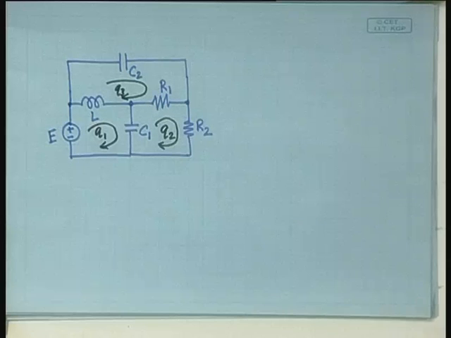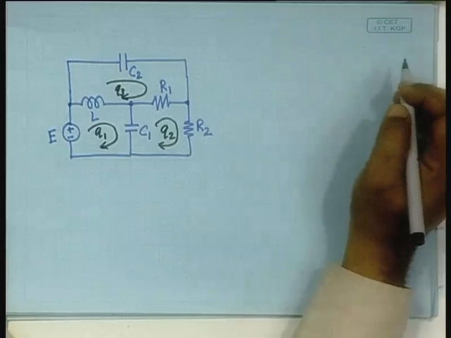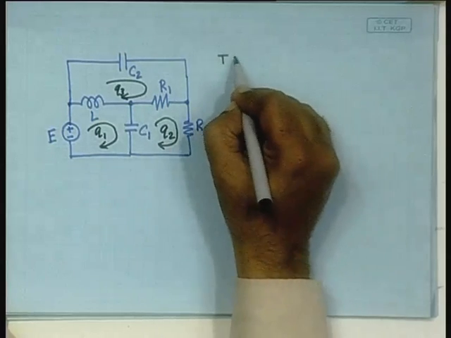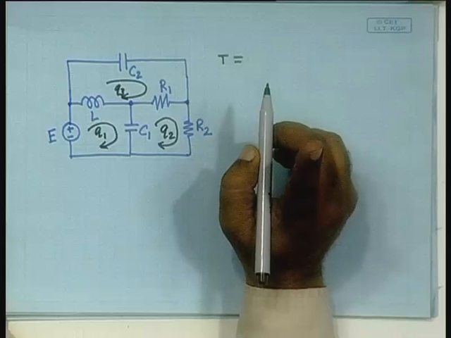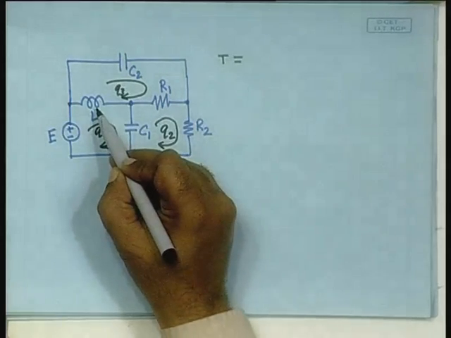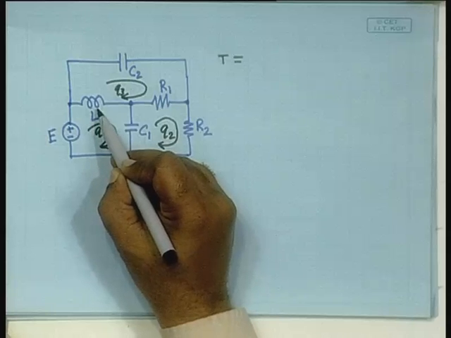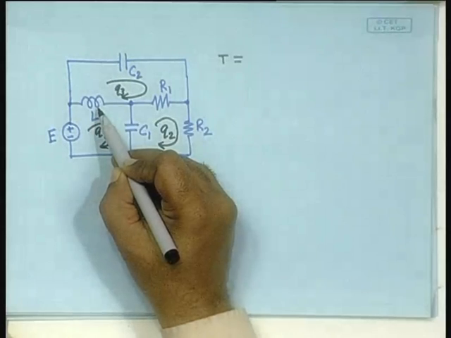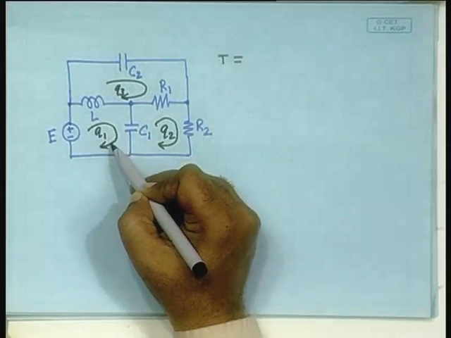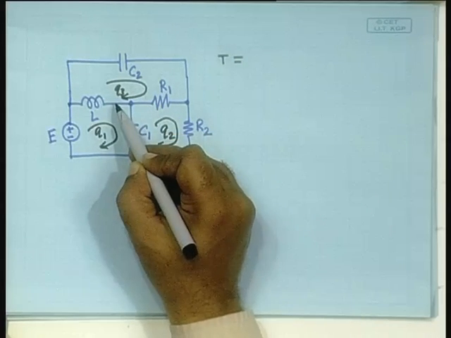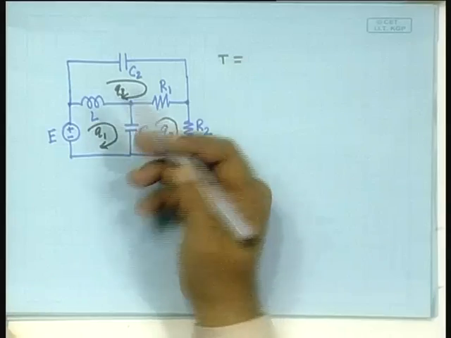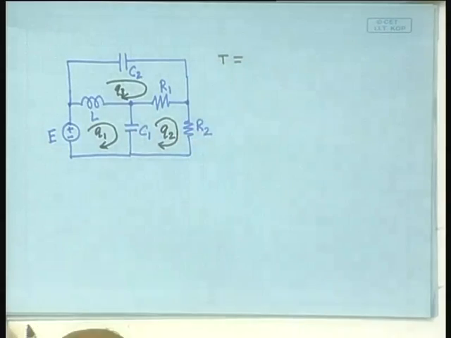What will they have? First, the kinetic energy T. Kinetic energy will consist of the energy stored in this inductor, and the charges flowing are Q1 and Q3. Therefore, the current flowing through this is Q1 dot minus Q3 dot.